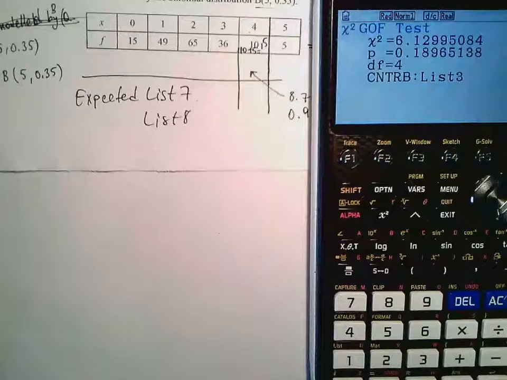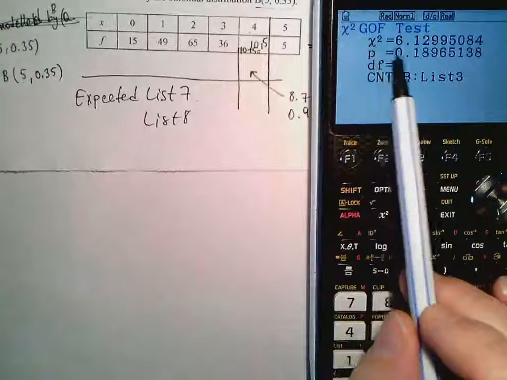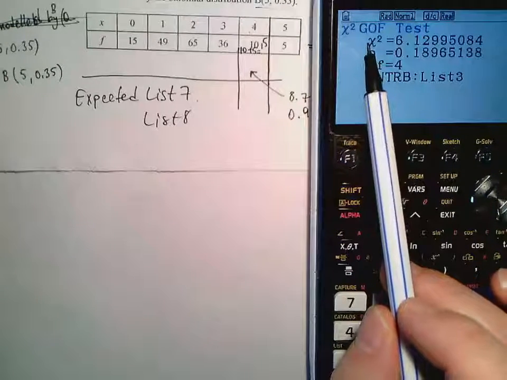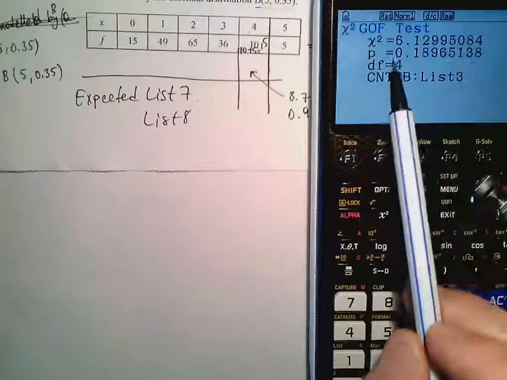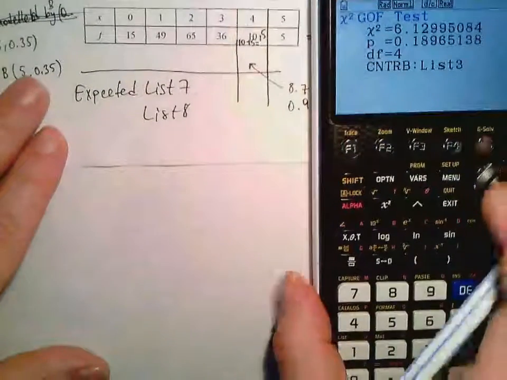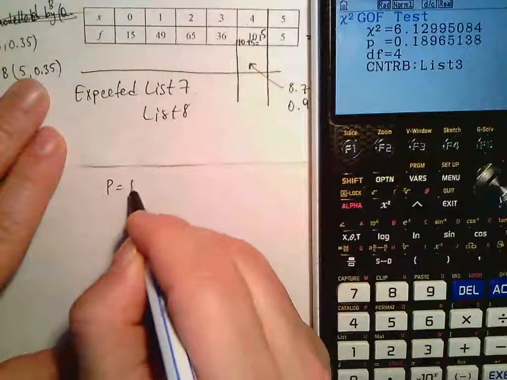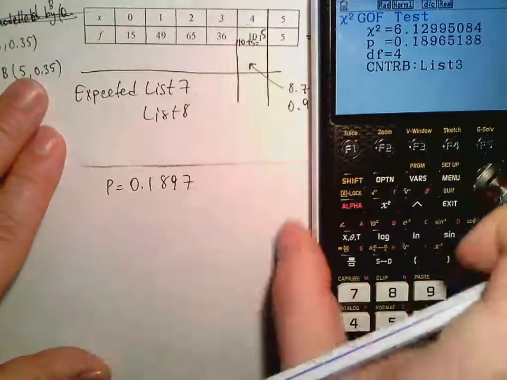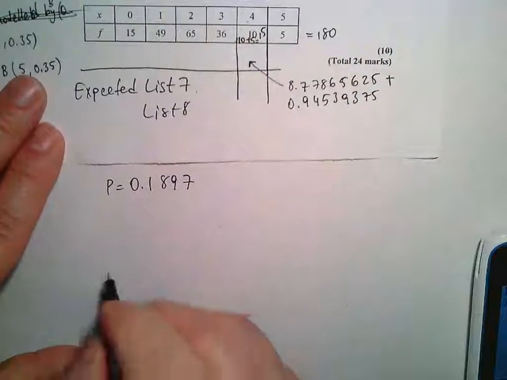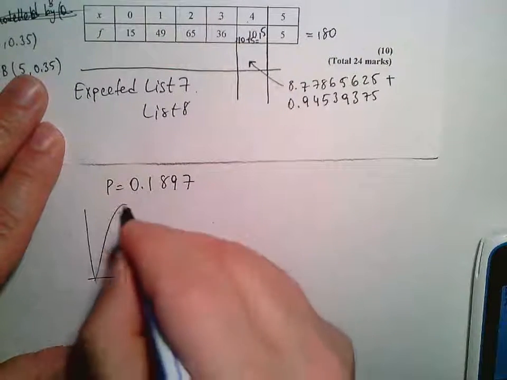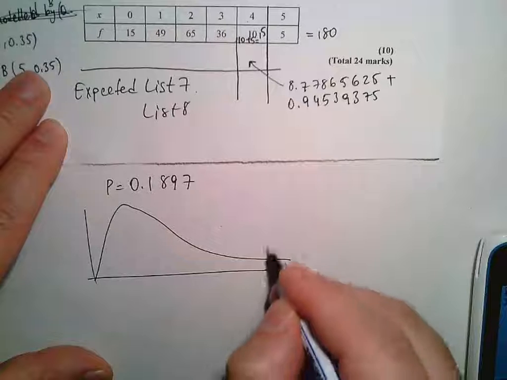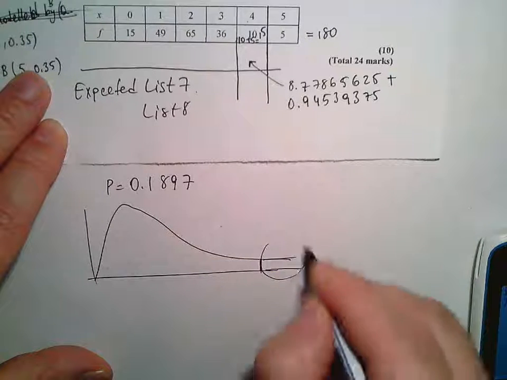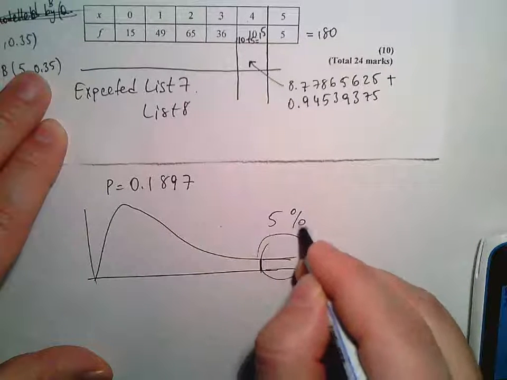Click. As long as you don't have the critical value, you do not have to look at the chi-squared value. Just look at the probability. The probability is 0.1897. Now think about it. The chi-square distribution looks something like this. You are looking at 5%, right? Let's say this is the 5%.